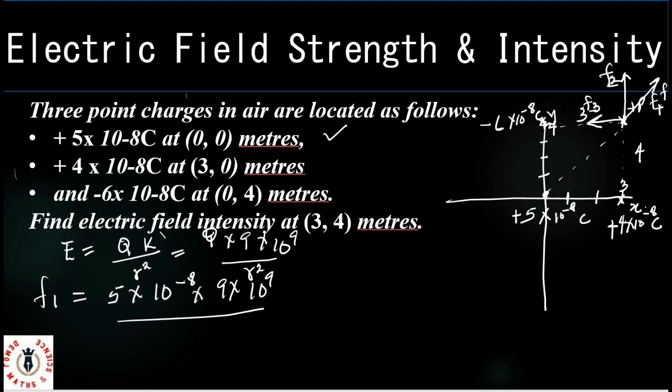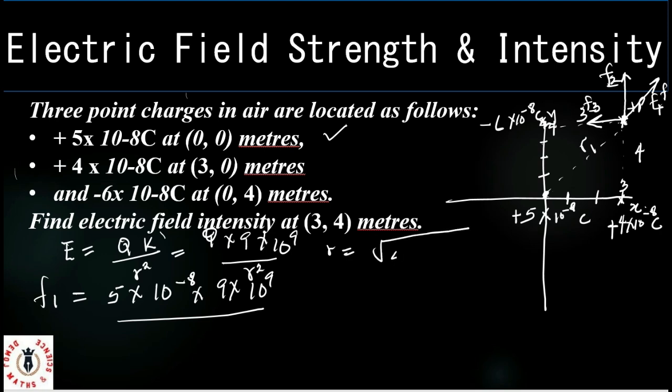Here we need to calculate this distance because this is the distance R. Let's tag this as our R1. For my R1, the distance between the 5 and the positive charge, we'll use Pythagoras theorem.